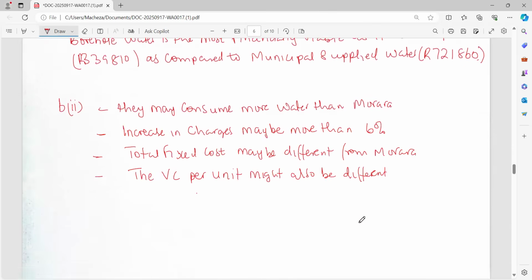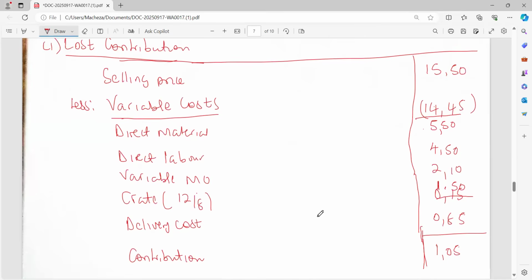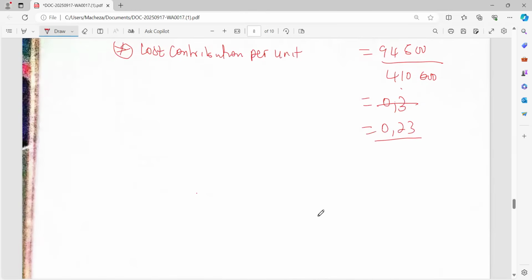So we come here and say, we want now to determine the unit full manufacturing cost.